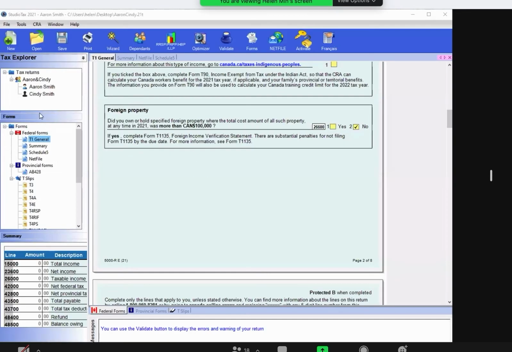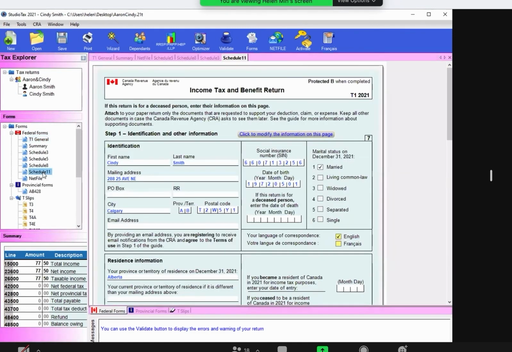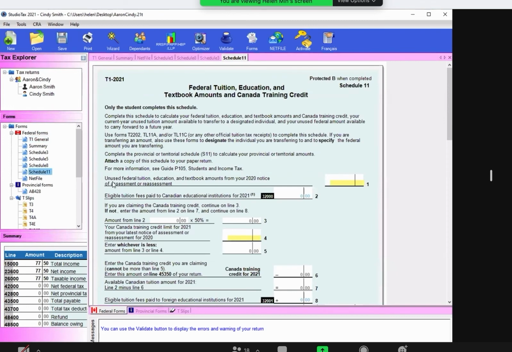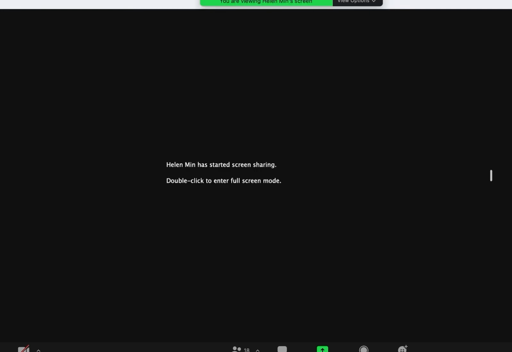Schedule 11, line 1 is here: unused federal tuition, education, and textbook amount. Then from your 2021 notice of assessment or reassessment, you just put the unused federal tuition and education amount. Then you just put it here, federal.